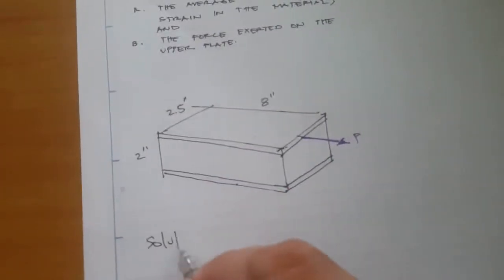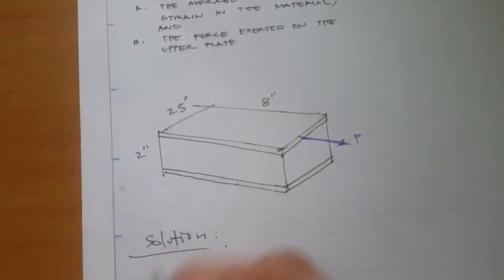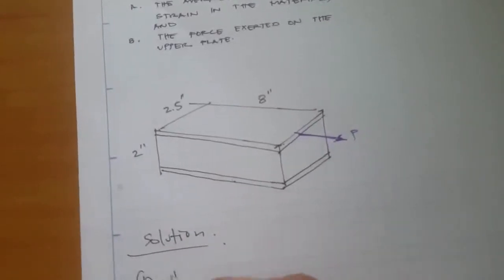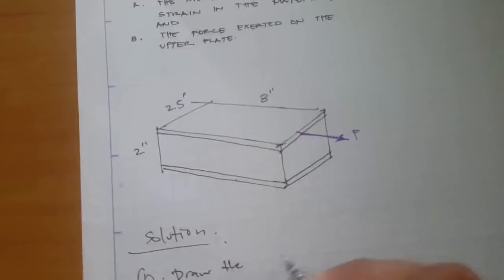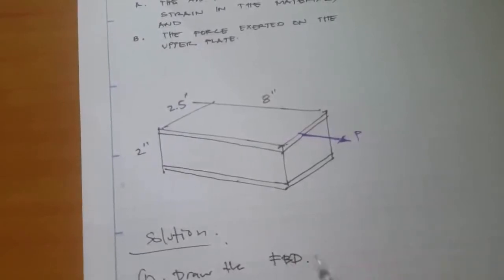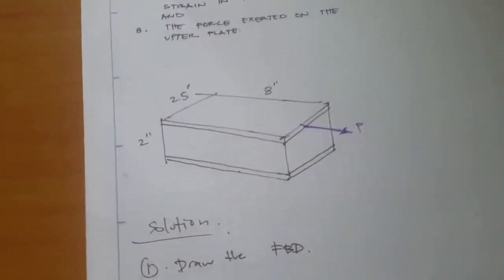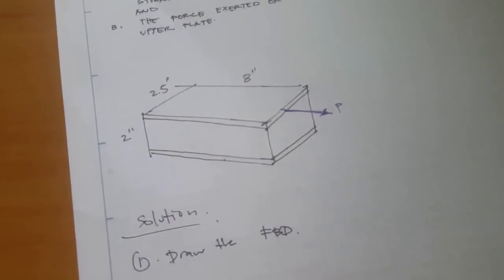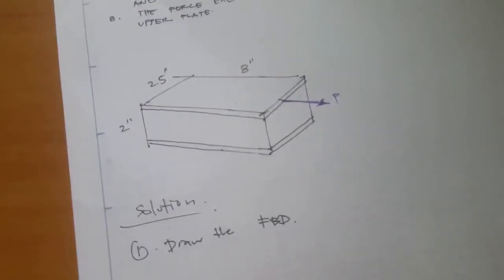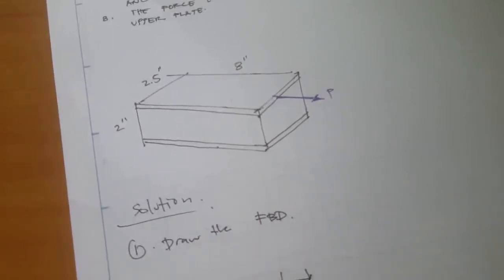Okay, so for the solution, let's draw the FBD. Let's say this is our original position. So because of the upper plate movement, it's going to be something like this.